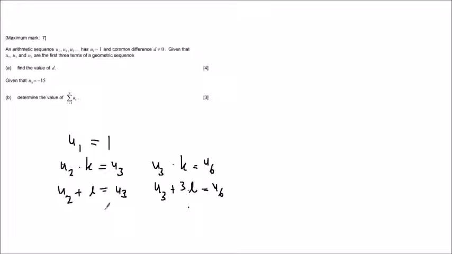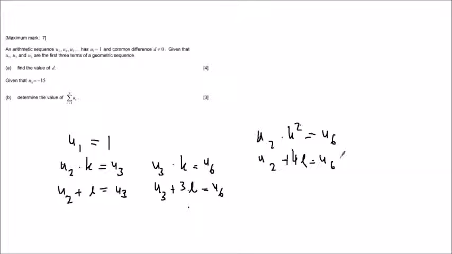u1 equal 1. u2 times k equal u3, u3 times k equal u6. So u2 times k squared is equal to u6, whereas u2 plus 4L is equal to u6.